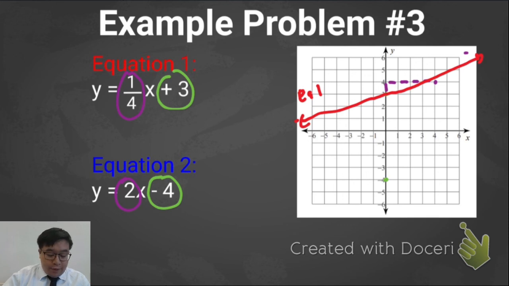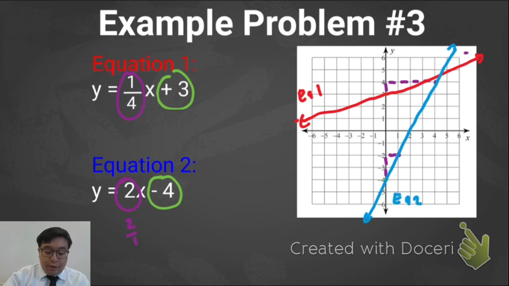We can think of this 2 as 2/1, because 2 divided by 1 is just 2. So I need to rise up 2 spots and move to the right 1. So my next point would be right here. Connecting those 2 points, here is going to be my equation 2.